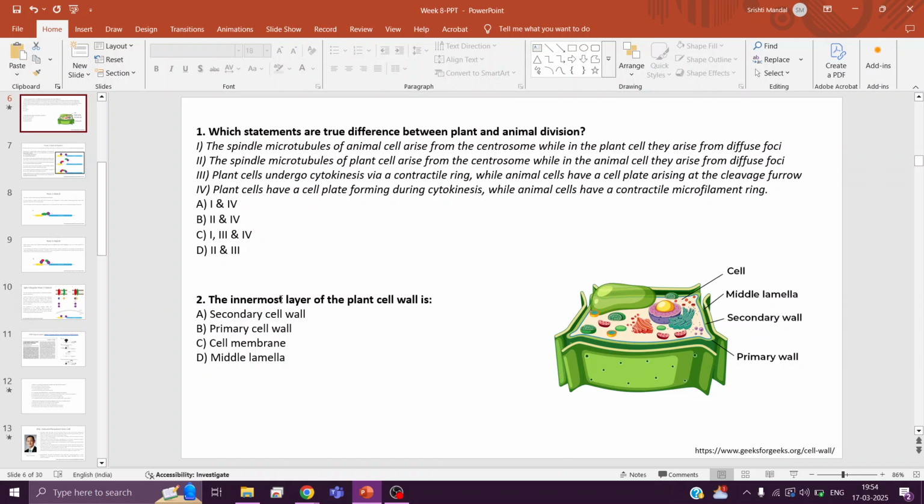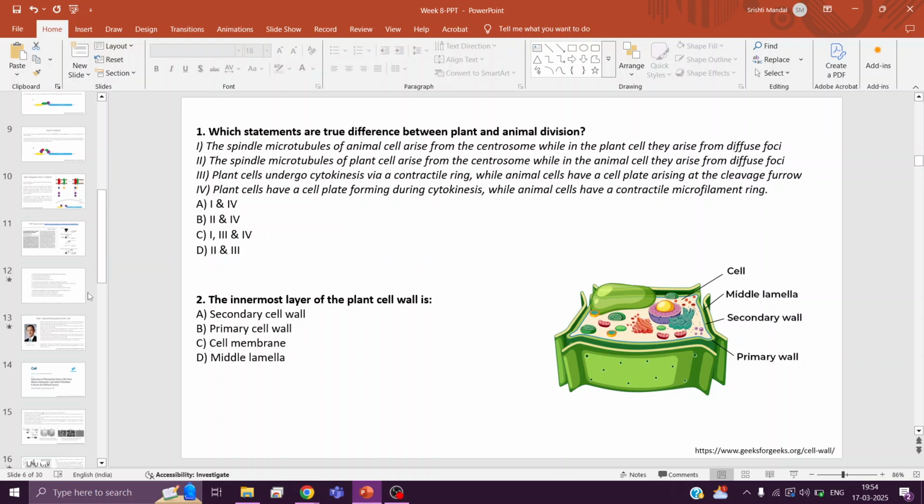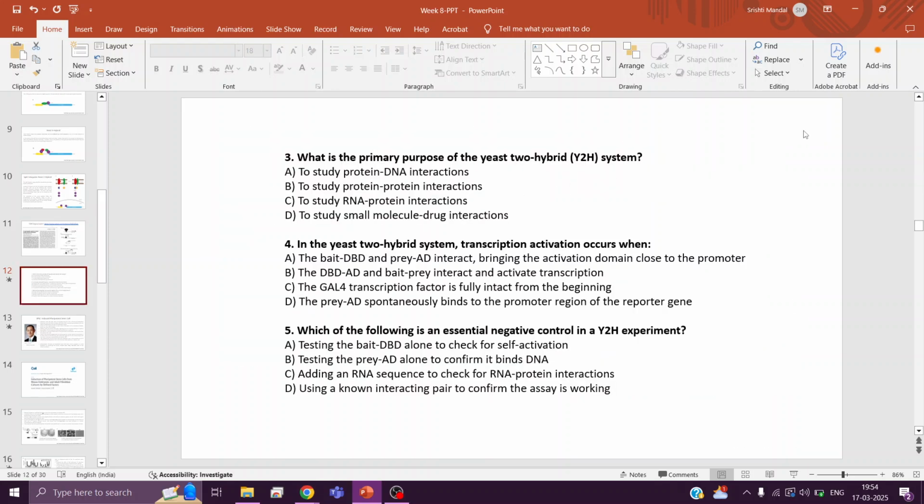Okay, and the answer to this is the secondary cell wall. That's the innermost layer. Then this one, 3, 4, and 5. This was about the Y2H system mostly. Yeah, I hope that's clear.